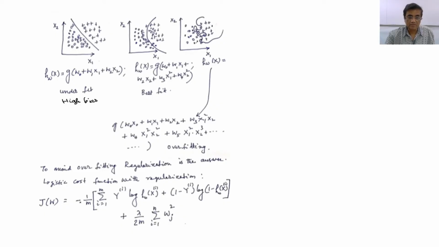So this is my cost function, and I used a regularizer term lambda divided by 2m. Why 2m? Because of mathematical convenience. The term is the summation of j equals 1 to n of wj square. So this term, called the regularizer term, you have added, and let us see what effect it has.